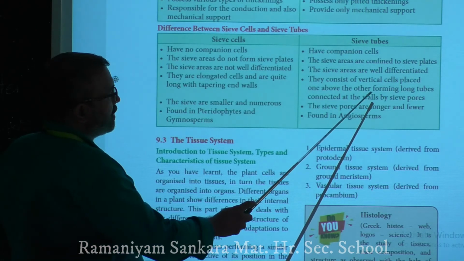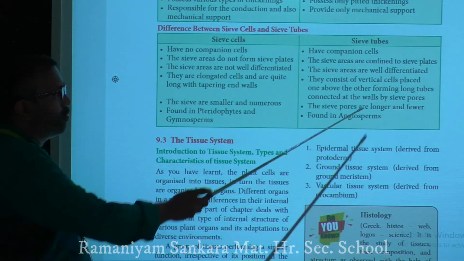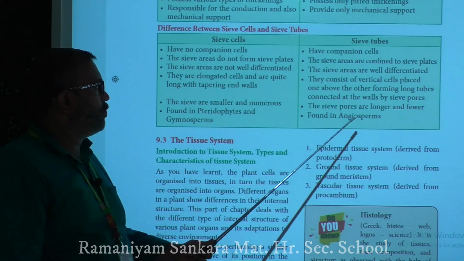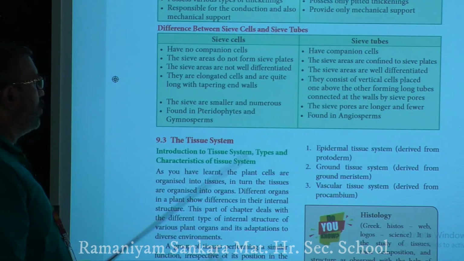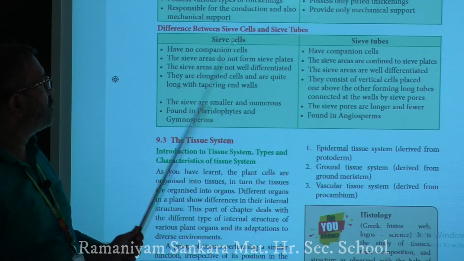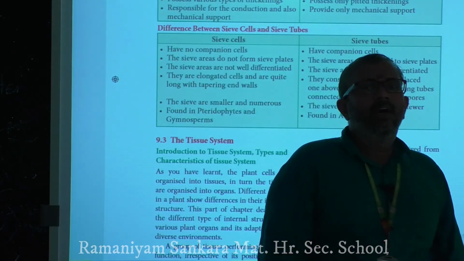Sieve tubes consist of vertical cells placed one above the other, forming long tubules connected by sieve pores. In sieve cells the sieve pores are smaller and numerous; in sieve tubes the sieve pores are larger and fewer. Sieve cells are found in pteridophytes and gymnosperms; sieve tubes are found in angiosperms. That is the difference between sieve cells and sieve tubes.